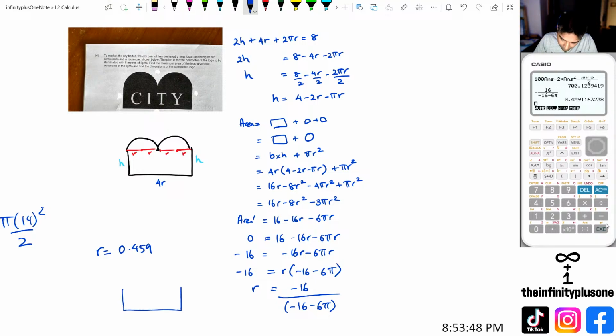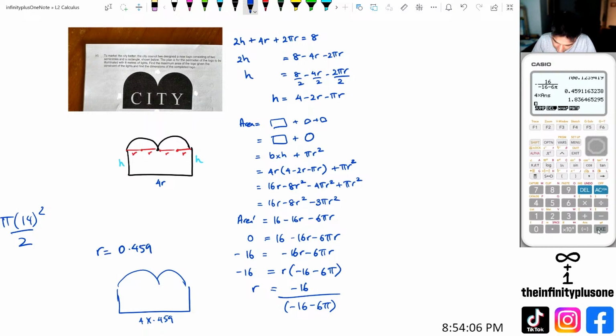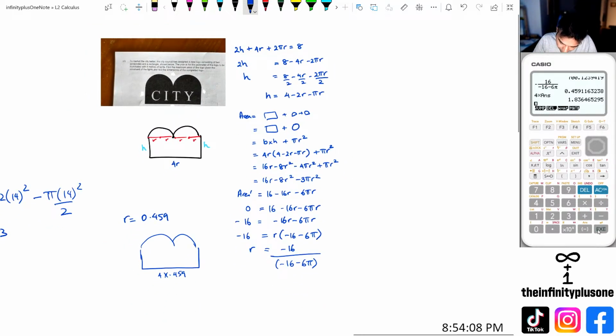So I'm going to have 4 times 0.459, which is 1.836.